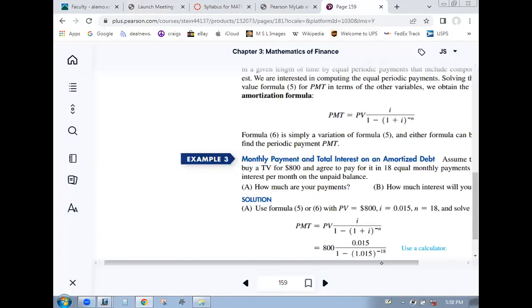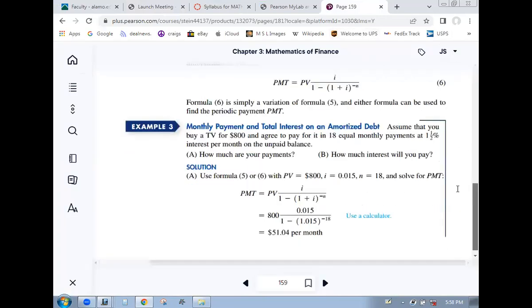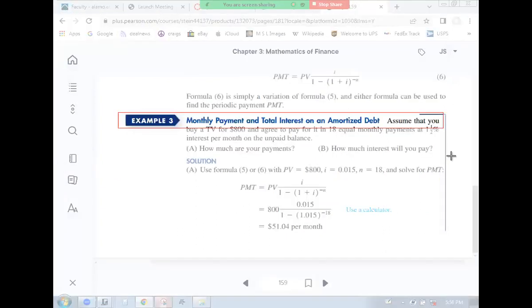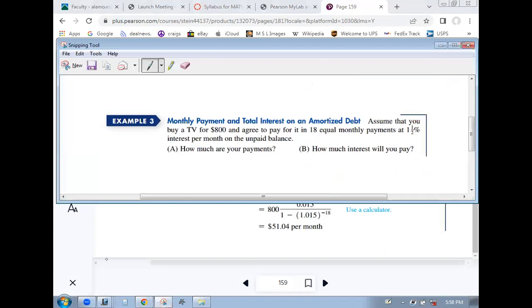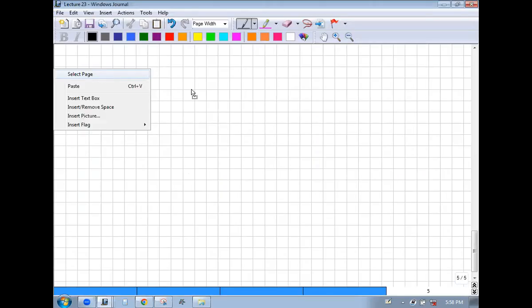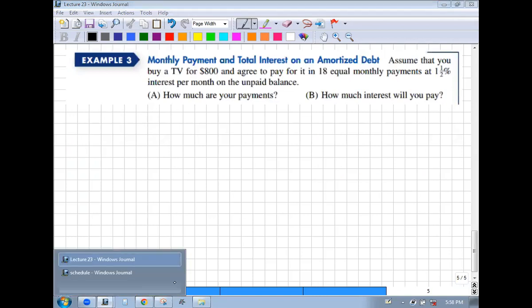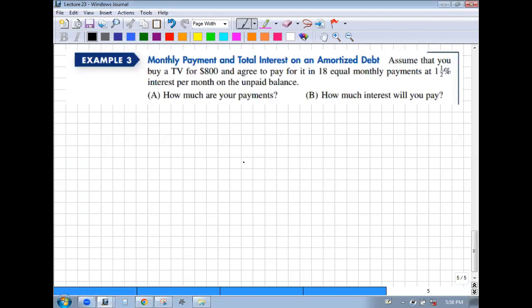Look at Example 3: monthly payment and total interest on an amortized debt.